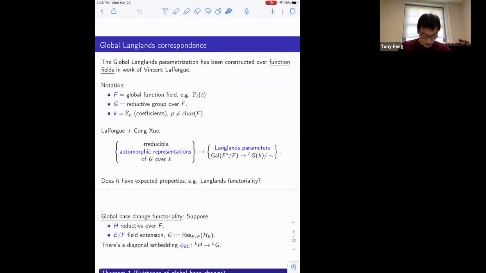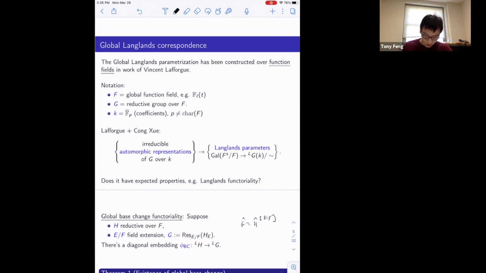So this essentially has to do with comparing the same reductive group but over two different fields. Just to set up the notation, let H be a reductive group over our field F. And then we're going to give ourselves a field extension, E over F, and let G be the Weil restriction of H from E to F. So in this situation, the dual group of G is just the dual group of H raised to a certain power, the degree of E over F. But because we're talking about non-split groups here, even if H was split, G would not be split.